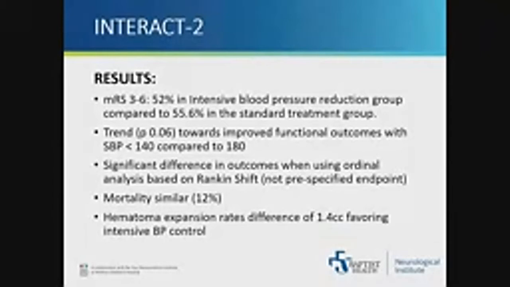There also was a trend of improvement in functional outcomes in the less than 140 group compared to the less than 180 group. The mortality was similar in both, and the hematoma expansion was 1.4 cc more in the higher blood pressure group, the less than 180 group.